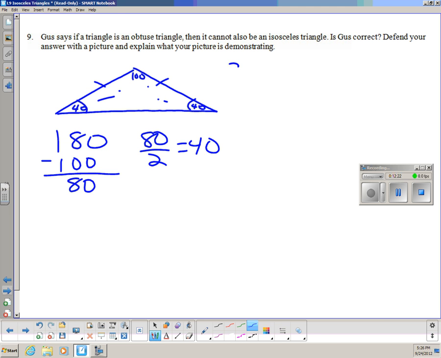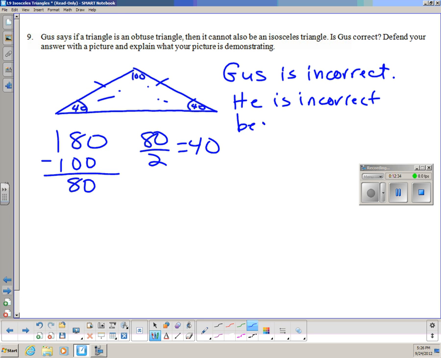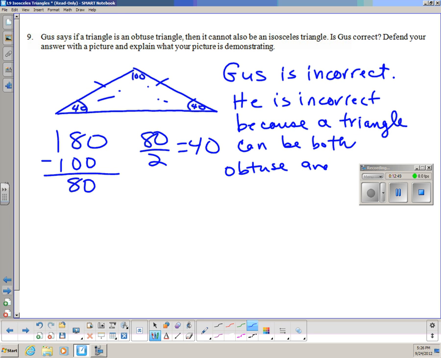So Gus is incorrect. He is incorrect because a triangle can be both obtuse and isosceles.